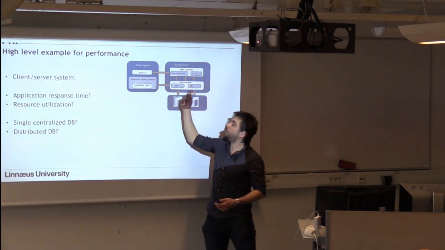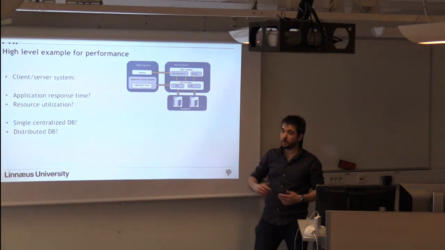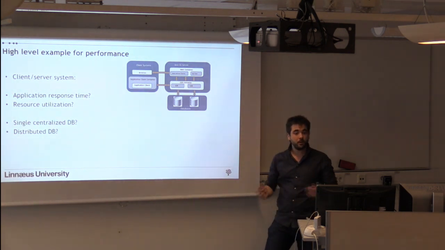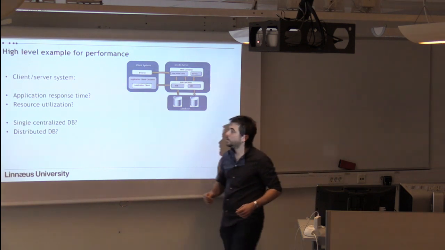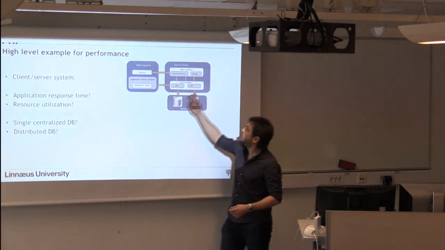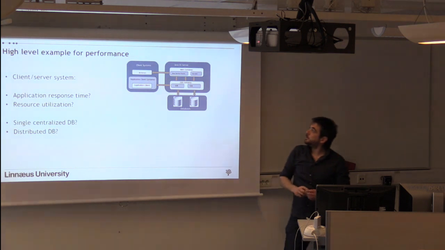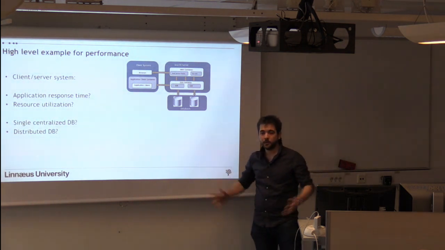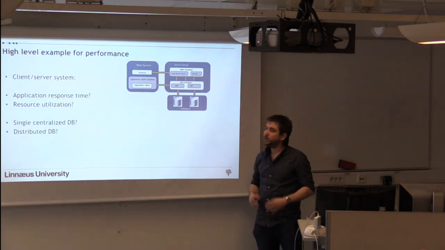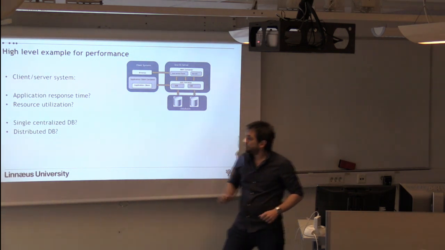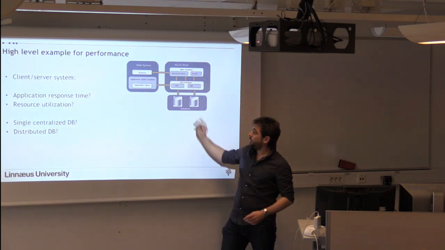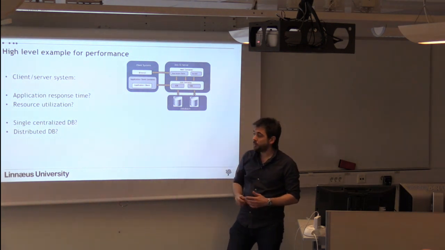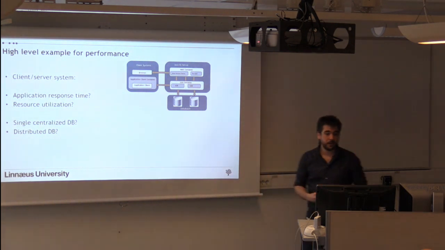When the client communicates, is the answer going to arrive on average below 1 second, 2 seconds? What is the resource utilization? Are these containers, the server, at like 100% utilization, creating bottlenecks or not? Can we work with a single centralized database, or do we need to invest effort in a distributed database?